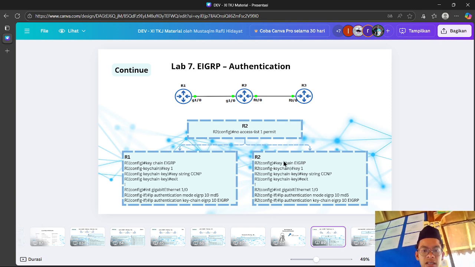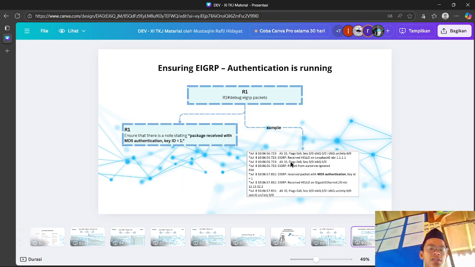Then in router 2 the configuration is the same as in router 1.